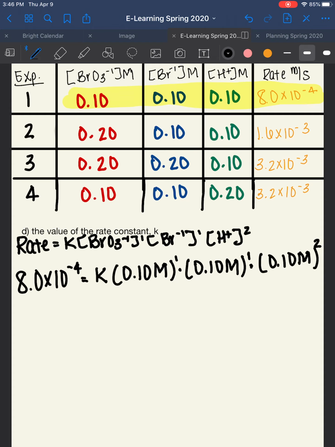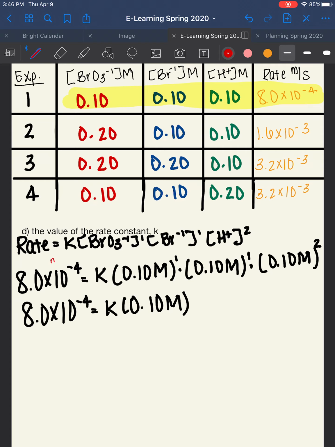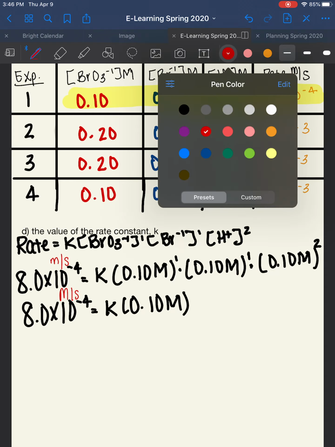Okay, so now we can go and calculate this. 8.0 times 10 to the -4 is equal to K. 0.1 molar to the first power is just 0.10 molar. And I should be including this. This is bad form of me, so I'll put it in red. My rate does have units, which is molarity per second, or molar per second. So that's bad form of me, guys.